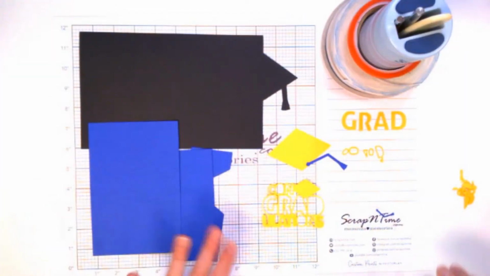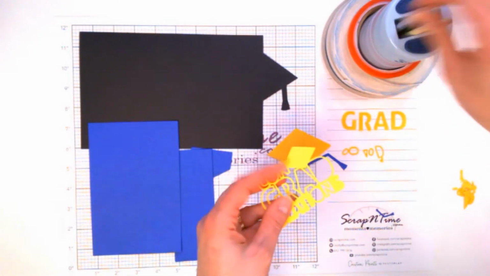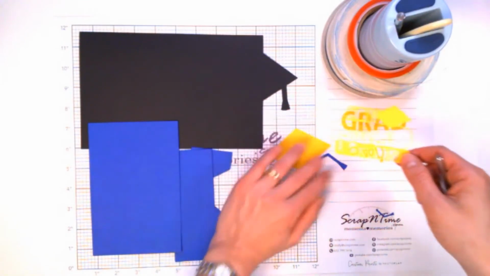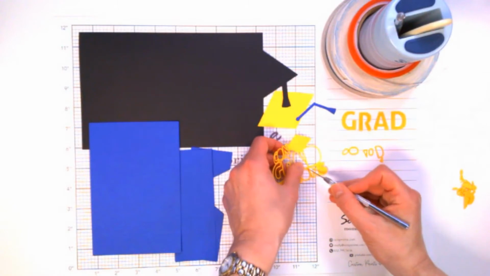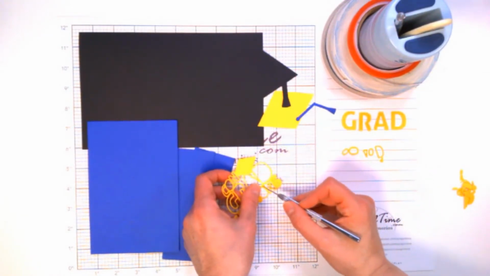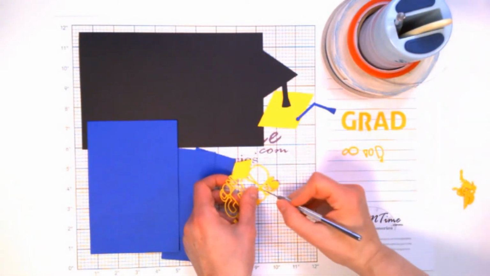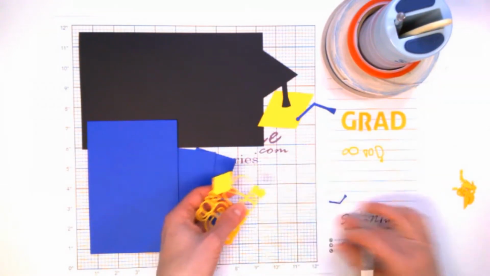Okay, so now that all the pieces are cut out, we need to remove the middles. I have removed the centers for most of it from the sentiment. However, I just wanted to show you a few tips and tricks to make it a little bit easier. So for the little pieces, I hold the whole thing down on the table, put the pointy tool right on the piece, and then gently lift up. So that helps.